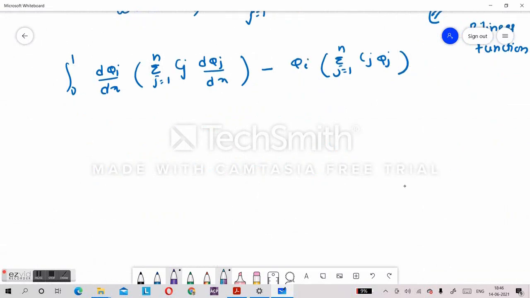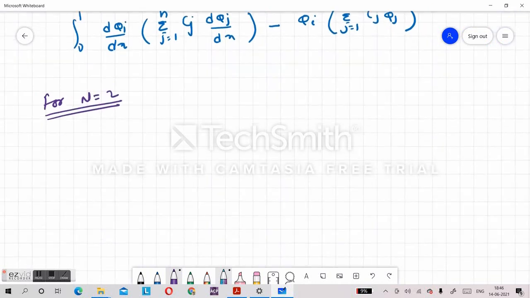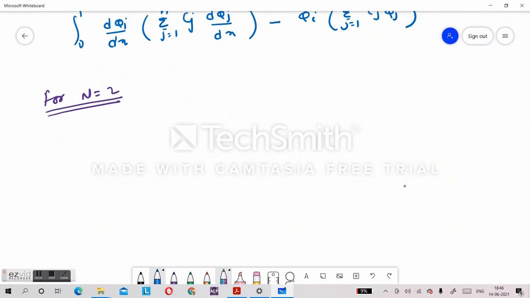Okay, so we are solving for n equals 2 here.